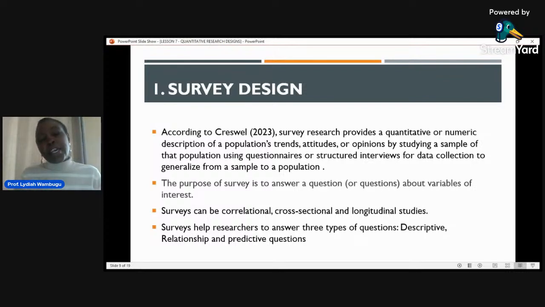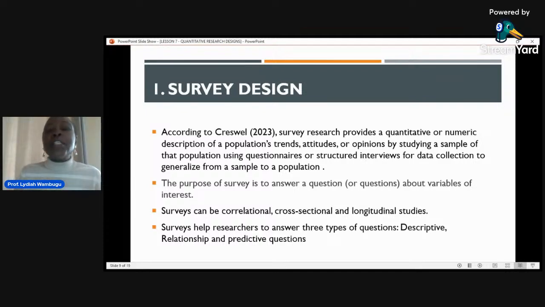What again came about is that because survey is a descriptive, it aims to describe. So again, people started talking about survey and descriptive as the same. So design is not called descriptive, it is called survey, but it aims to describe the population trends and attitudes and opinions of a population, where you study a sample and you study that sample using questionnaires or structured interviews.